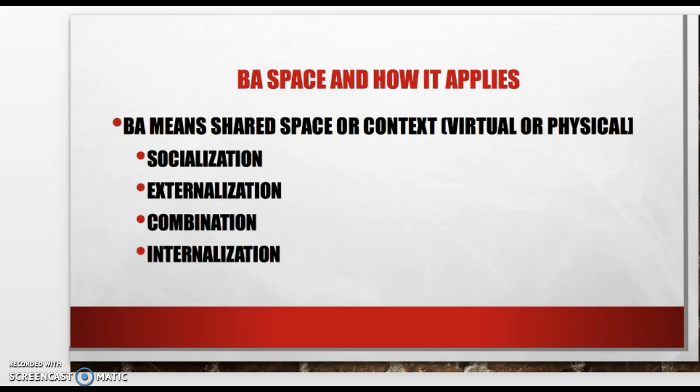In other words, the organization is creating an environment in which this type of knowledge is shared amongst members of the organization. So in terms of socialization, we're talking about creating a shared space where people can work or develop and share ideas, knowledges, practices, communication, that sort of stuff.